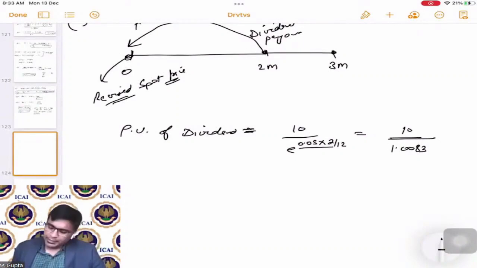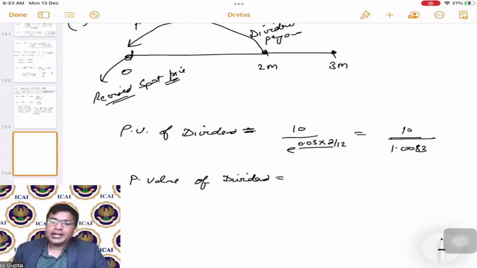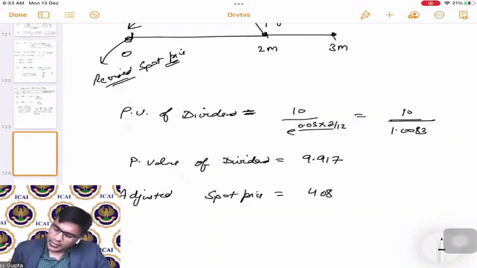Correct. So the present value of dividend is equal to, if you divide 10 by this 1.0083, then you will get 9.917. Hence, the adjusted spot price is equal to 408 minus 9.917, correct?